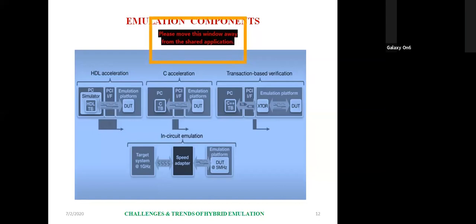Here it uses C++ interfaces, test benches, and the PCI interface acts as a bus to connect with the emulation platform. Here in in-circuit emulation, a target system will be there, like a speed adapter, and we have the emulation platform, which is the design under test. So these are the components where you can emulate. You can go for HDL, you can go for C, you can go for transaction-based verification or in-circuit emulation.